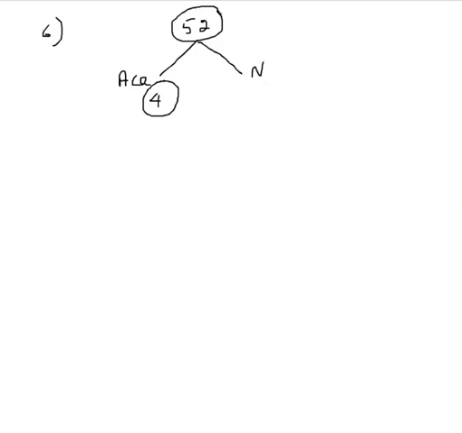And remaining non-ace cards? 52 minus 4, 48. Now we are selecting 5 cards. Out of these 5 cards, exactly one ace card should be there. So we need to select one ace card and the remaining 4 cards should be selected from non-ace group.